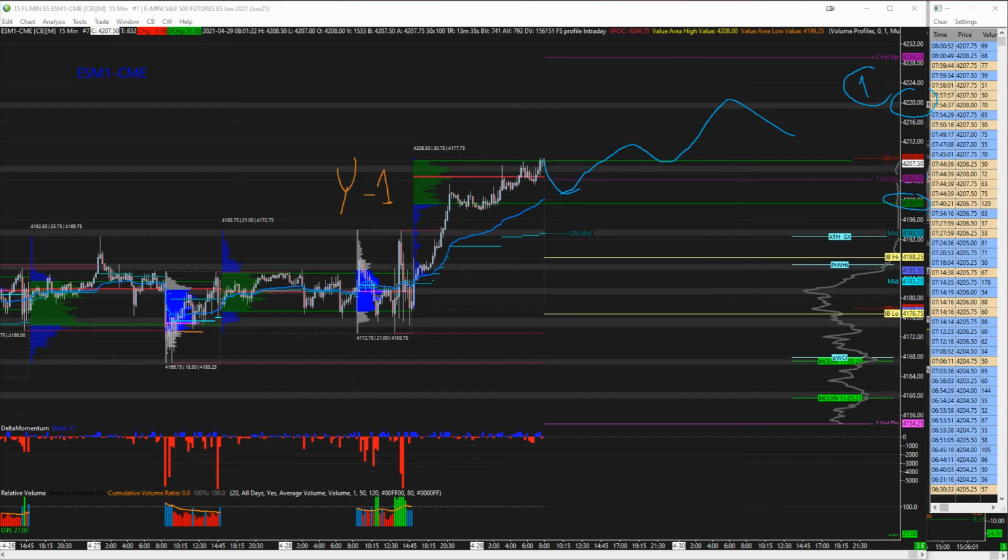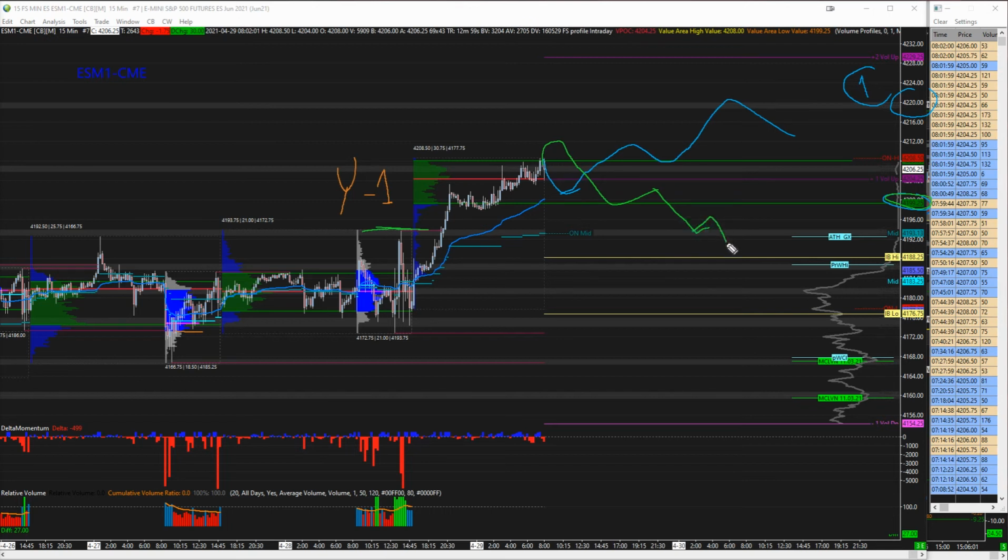And then scenario 2, we attempt higher, we fail, we test the full session VWAP and the century figure at 200. Continue lower to the overnight mid, 93, which is also the high of yesterday.